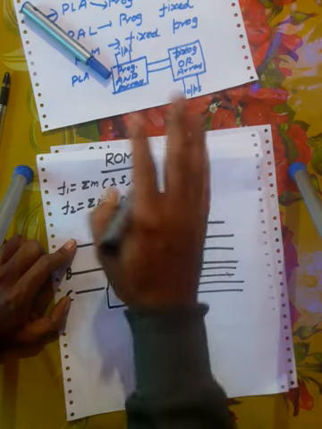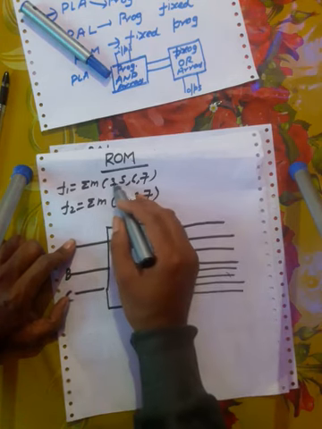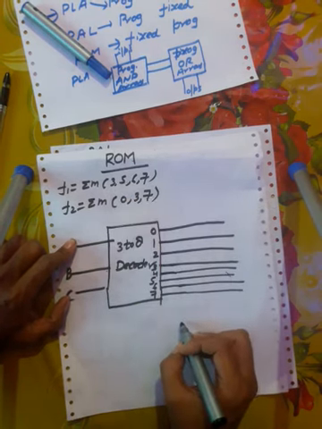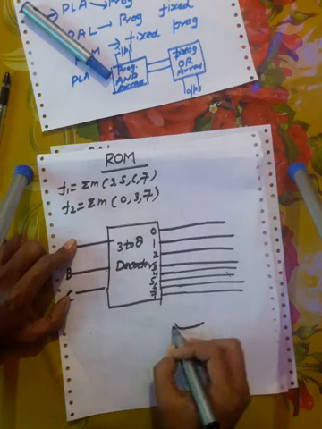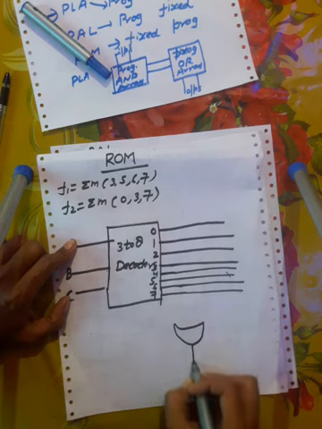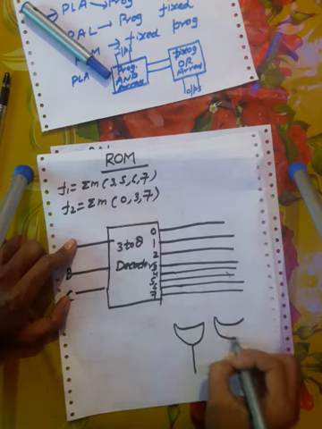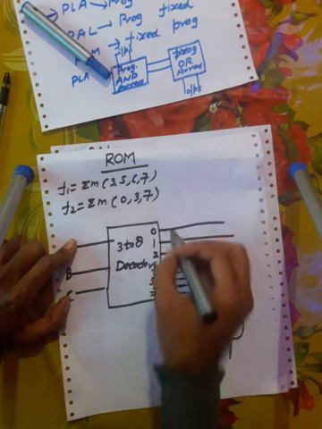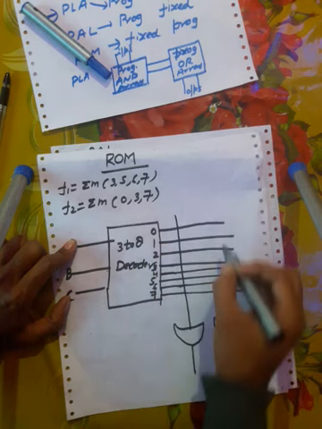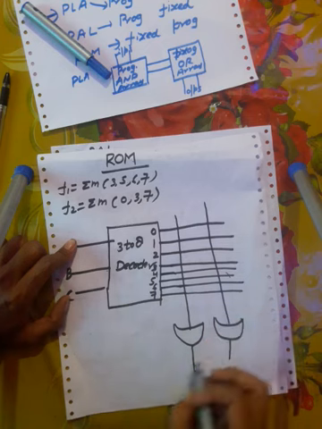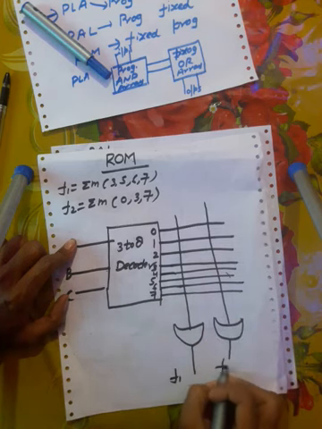Accordingly, 2 OR gates are required. This is your F1, this is your F2.